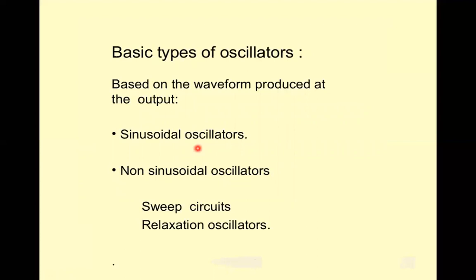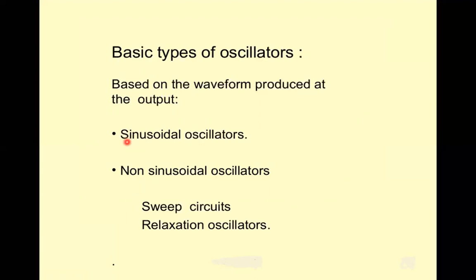So what are the basic types of oscillators we have? We have two types: sinusoidal oscillators and non-sinusoidal oscillators. Sinusoidal means the output waveform will be a sine wave, and non-sinusoidal waveforms are where the output is in the form of a square wave, rectangular wave, or sawtooth wave.